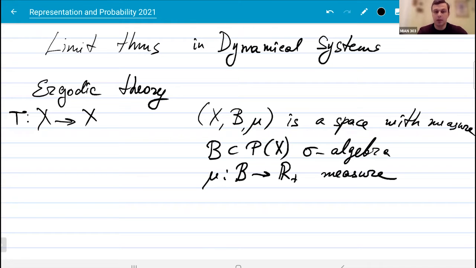I hope this is quite well known. One more requirement that theoretically can be omitted, but we will always impose it, is that mu is a probability measure. So mu of X equals 1.